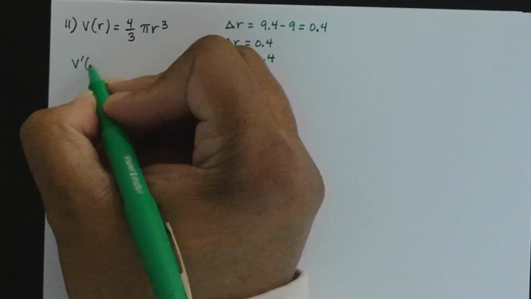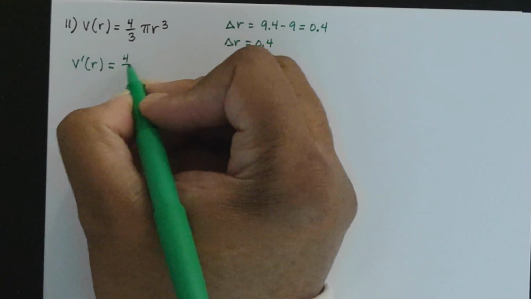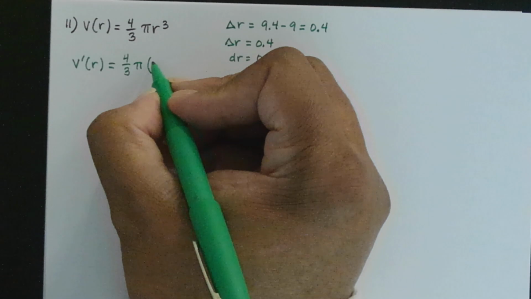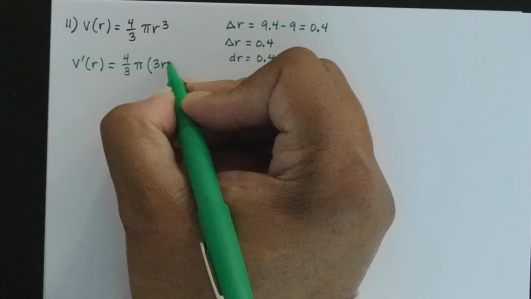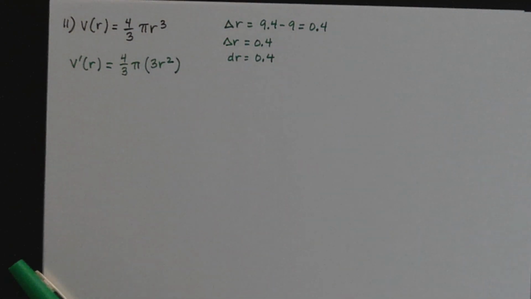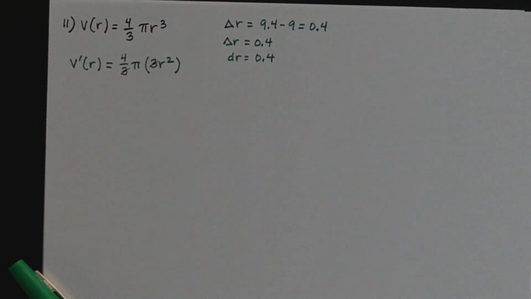Now here, V prime of r, let's find its derivative. That constant is 4/3 pi. What's the derivative of r cubed? 3r squared. Right. And then if I simplify this a bit, those 3's divide out, you're left with 4 pi r squared.